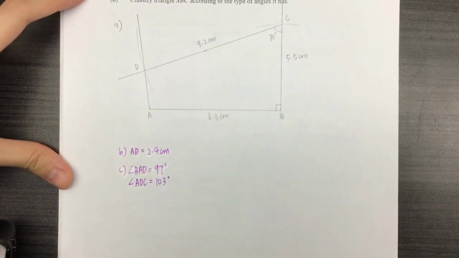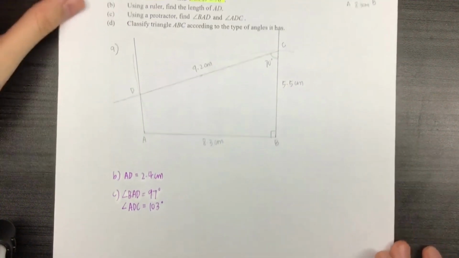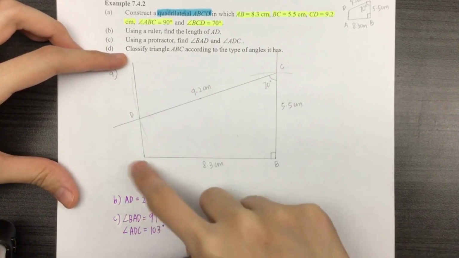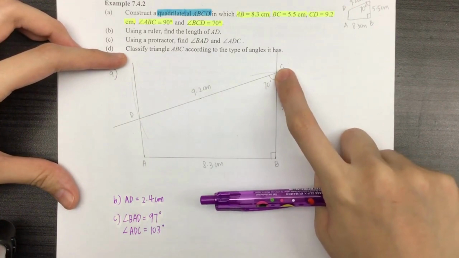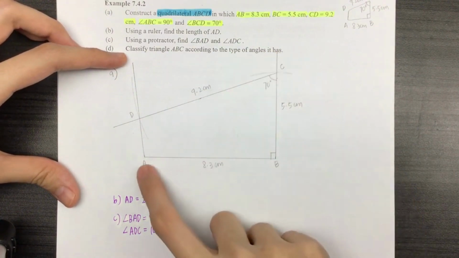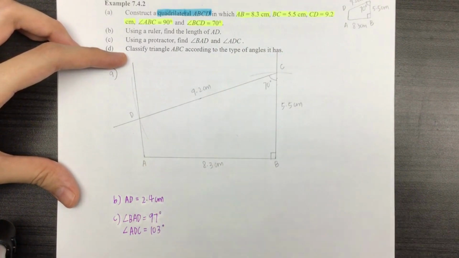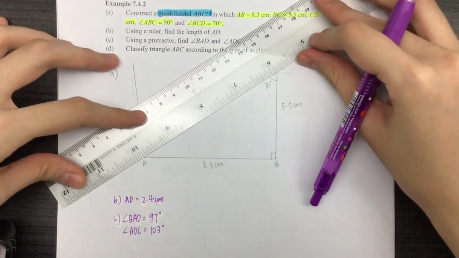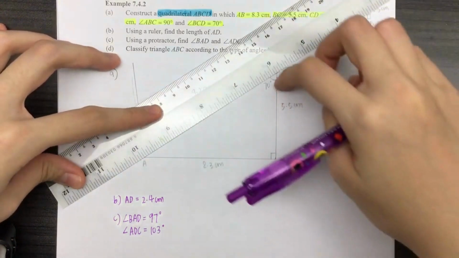Let us move on to the last part. Classify the triangle ABC according to the type of angles it has. This is the triangle that they are talking about. I'll use my ruler to cover a bit. So this is the triangle.